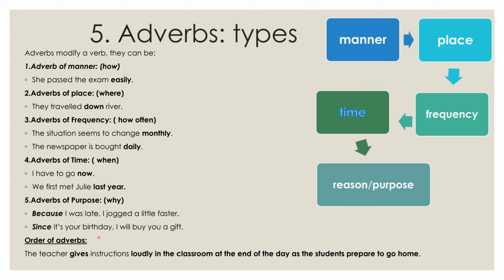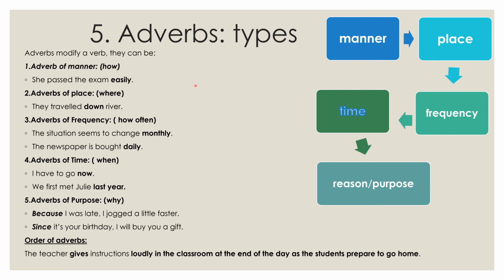The way adjectives have some order, adverbs also follow a particular order. First, you are going to put an adverb of manner, then place, then frequency, then time, and then reason and purpose. Now, look at the example given.